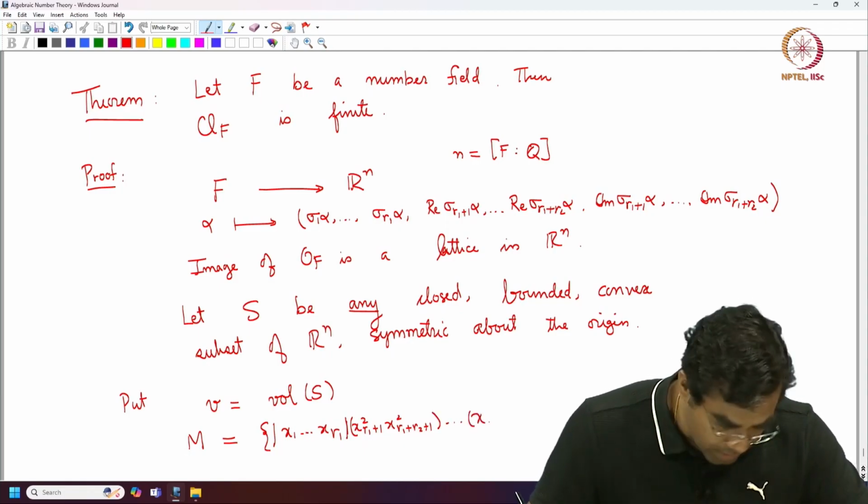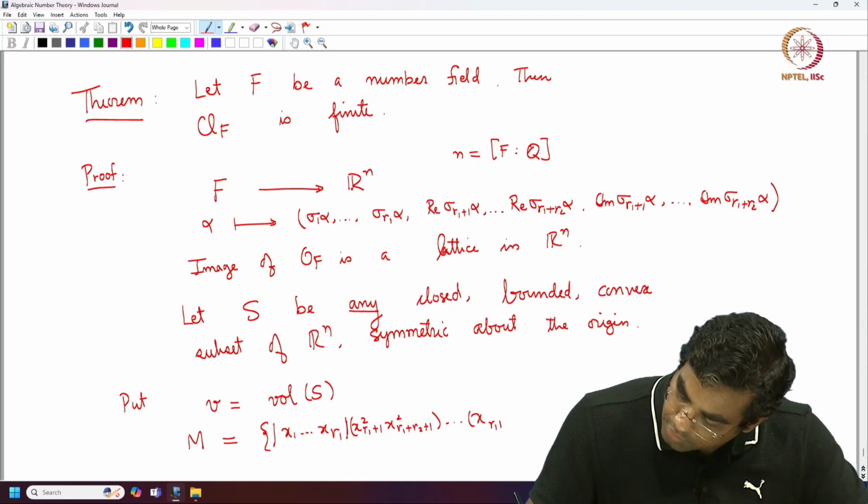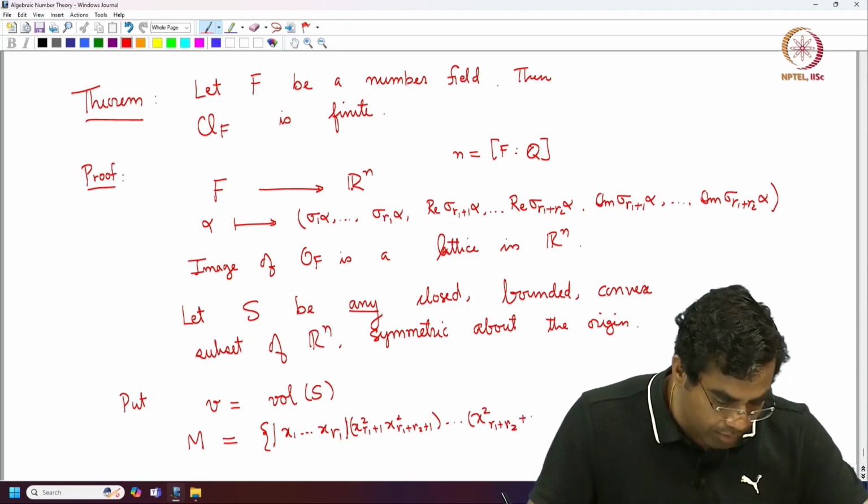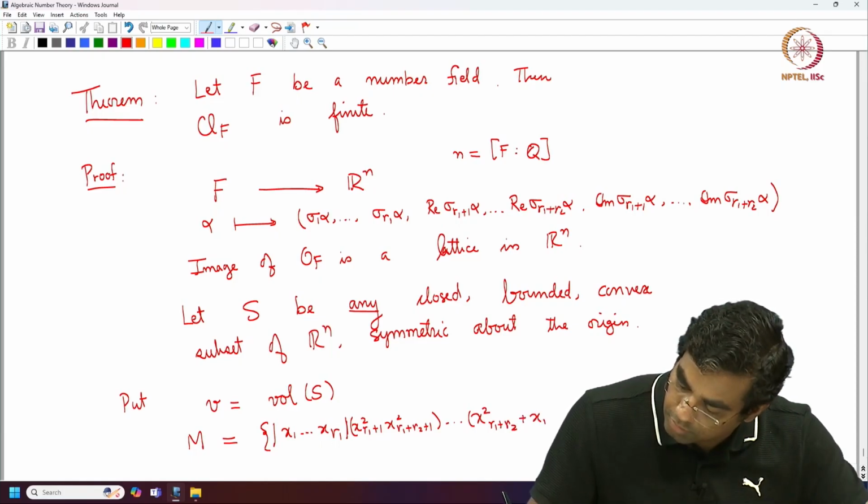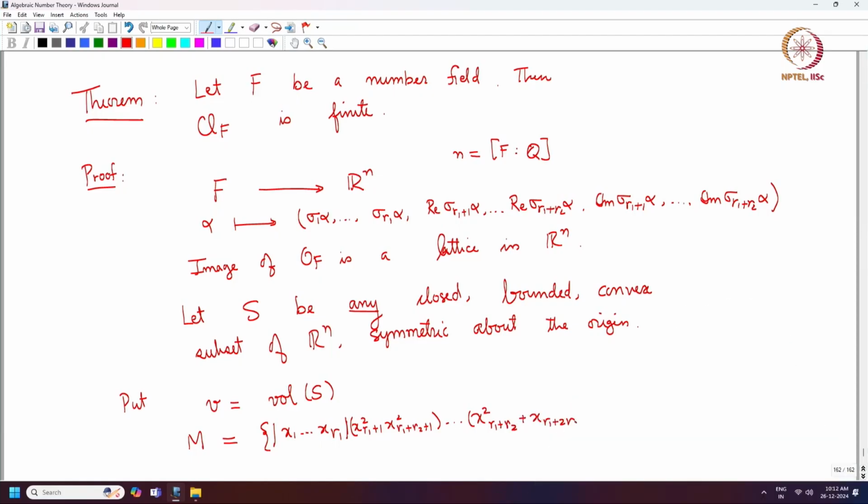So, I am taking this very complicated looking product, but this complicated looking product is what computes the norm of any algebraic element. So, this is such that (x_1, ..., x_{r_1+r_2}) is an element of S. Okay. So, I am taking the maximum of this product and I am calling that quantity M.